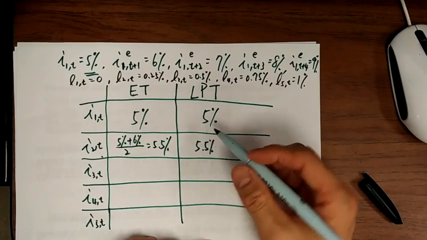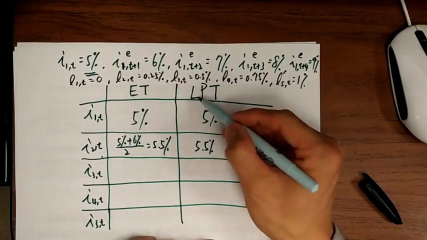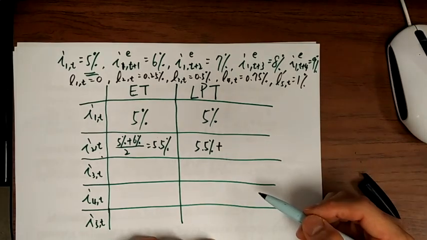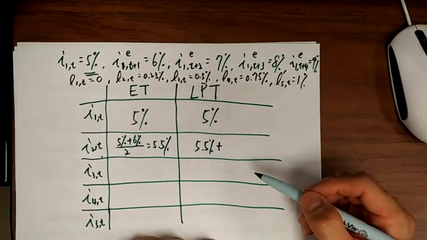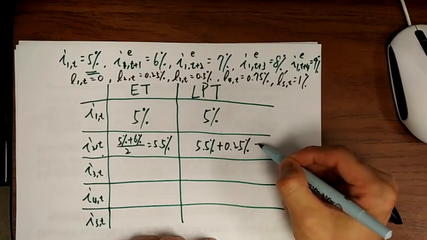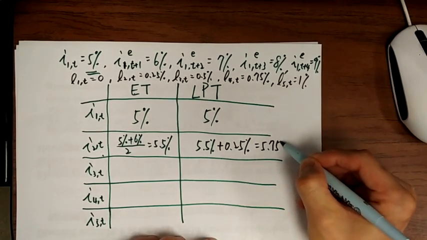So in addition to this 5.5%, liquidity premium theory says that you have to add a liquidity premium of the 2-year bond, which is 0.25%. Therefore, it's 5.75%.